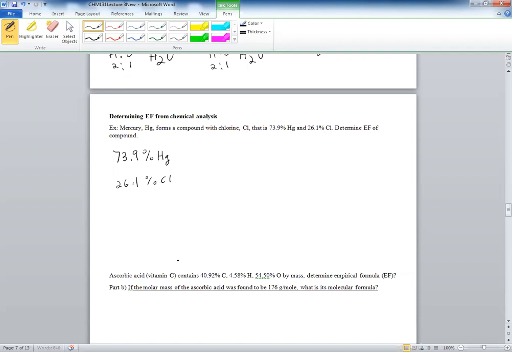Determine the empirical formula. Now, if you are not given a starting amount, meaning the weight of the sample or the compound, like if you were in the lab, you would collect it, would have been 5.678 grams, for example. Then if you're not given that, then all you have to do is assume you have a 100-gram sample.